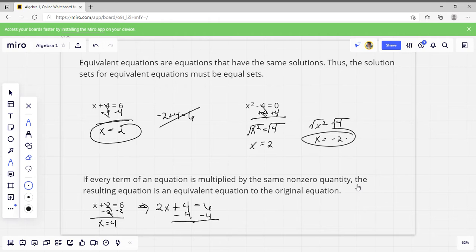Oh, wait. Whoops. I forgot to multiply that. Last one is 12. There we go. 12 minus 4 is 8. We would get 2x equals 8. And then we divide by 2, and x equals 4. So those are equivalent equations.